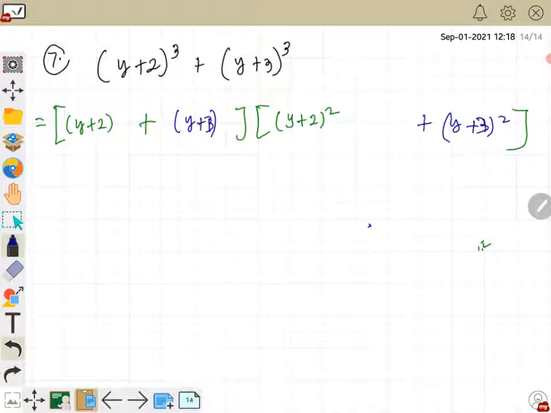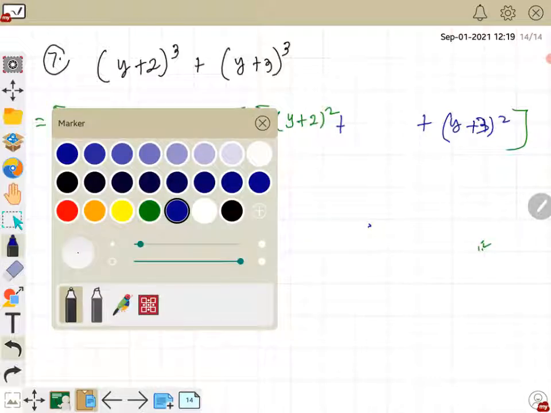Okay, what is in the middle term? In the middle term, just multiply this together. So that is, I'm gonna go with red.